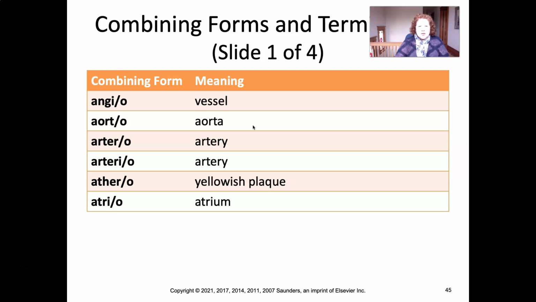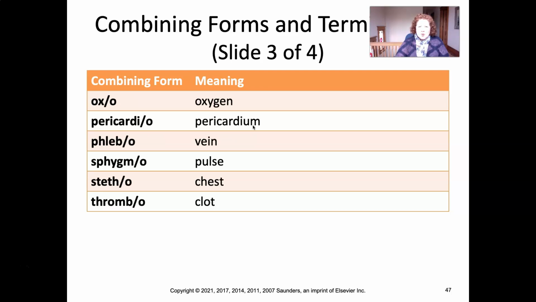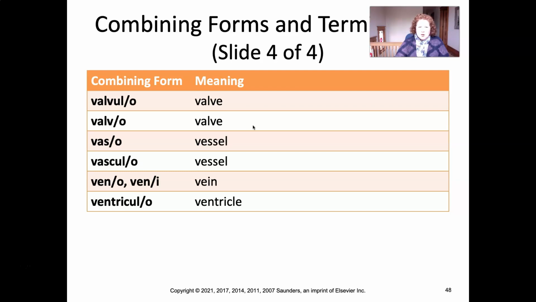So we have angio, aorto, artero, arterio, notice the two for artery, athero, atrio, brachio, cardio, cholesterolo, corono, cyano, myxo, oxo, pericardio, phlebo, sphygmo, stetho, thrombo, valvulo, valvo, see two for valve, and here are two for vessel, vaso and vasculo.